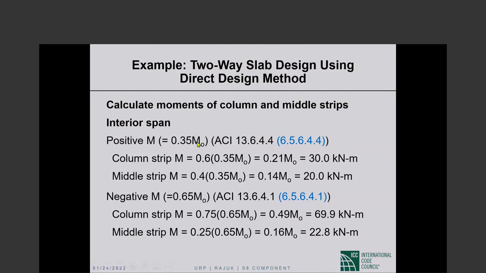Positive moment is 35% of M sub 0. 60% of that is the column strip moment. 40% is the middle strip moment. The 60% of 35% of M sub 0 comes to 30 kilonewton meters, and 40% of 35% of M sub 0 comes to 20 kilonewton meters, because we know the value of M sub 0.